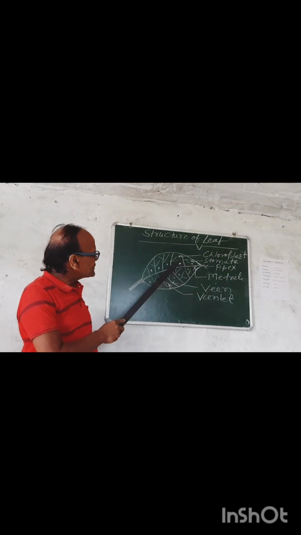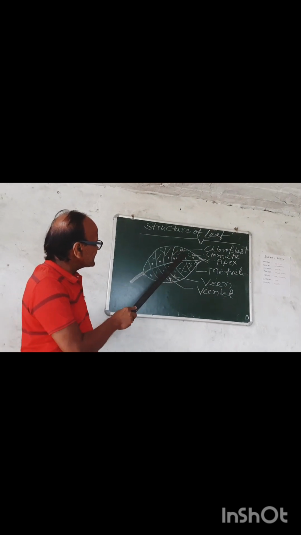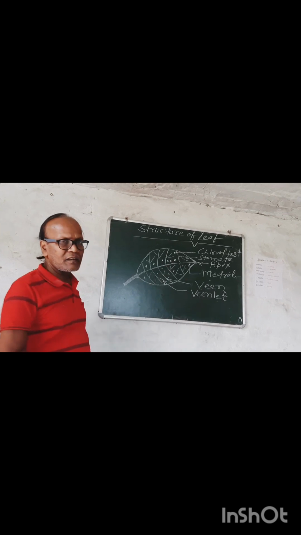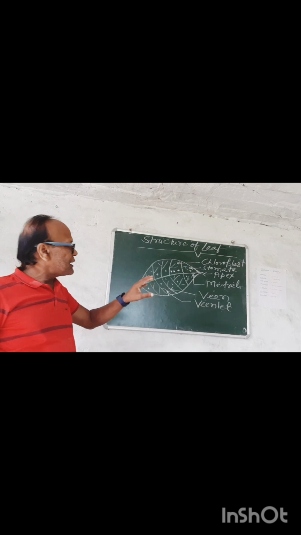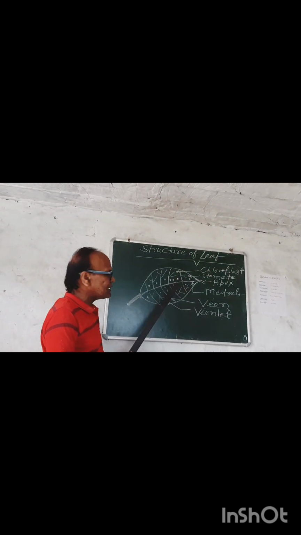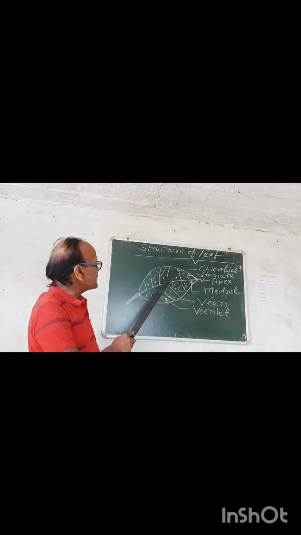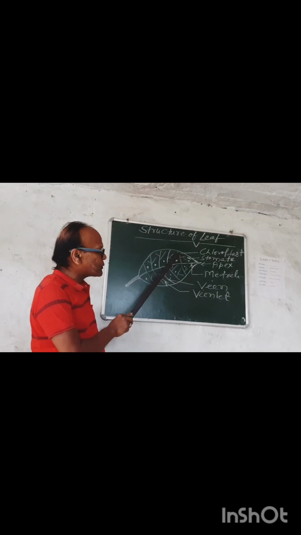Now we will see some oval-like structures like this and like this. Actually, there are two types of structures found in the leaf. The first one is the chloroplast.